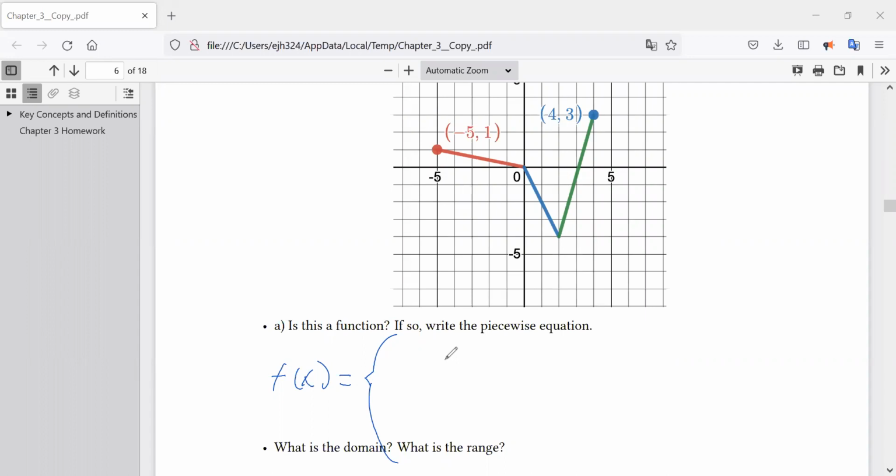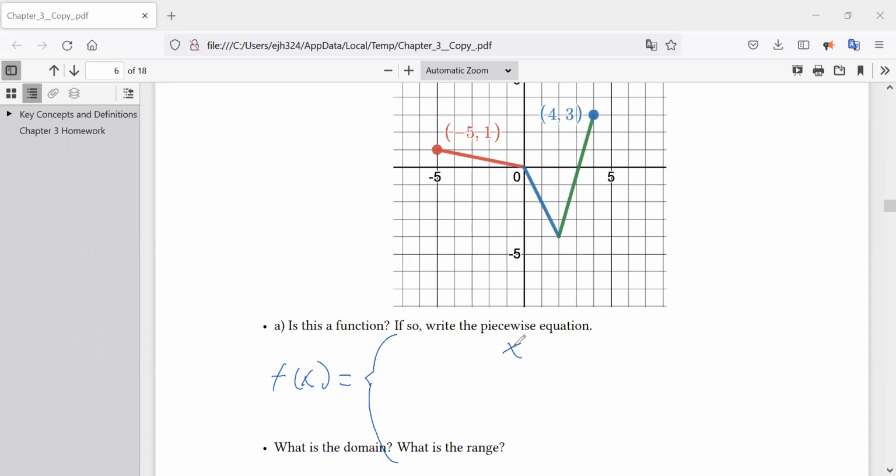So for a piecewise function, it would be along the lines of if x equals -5, it would be the equation of a slope. Oh, but it's not just if x equals -5, it'll be x within a range usually. Right?